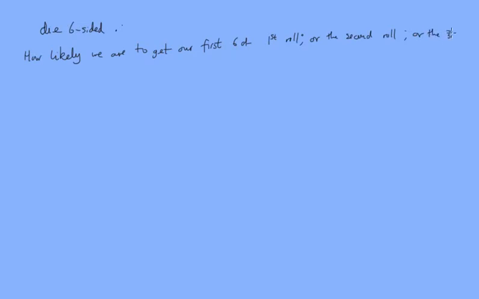We're going to roll a 6-sided dice, and we want to think about how likely we are to get our first 6 on the first roll, or the second roll, or the third, and so on.